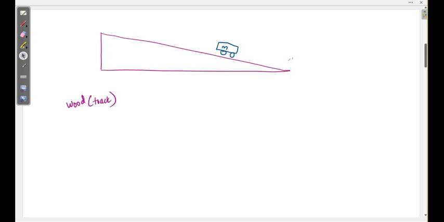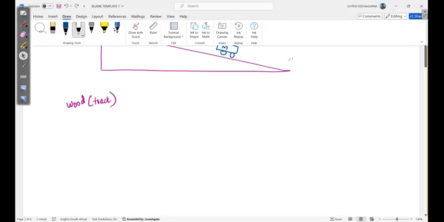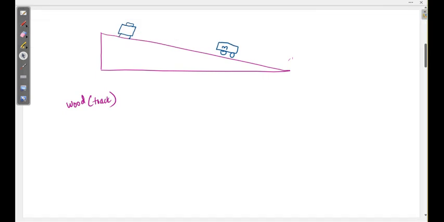Now that trolley is going to be connected to a machine. Here's the machine there.